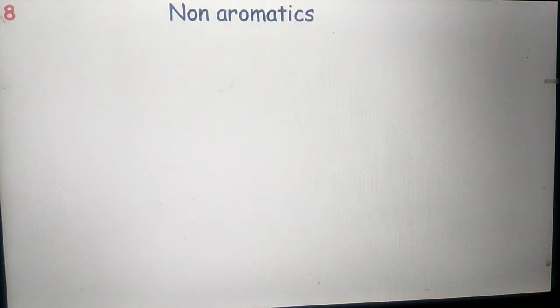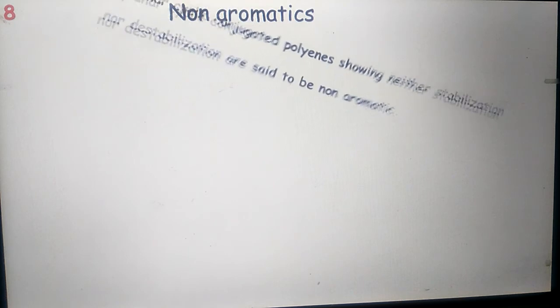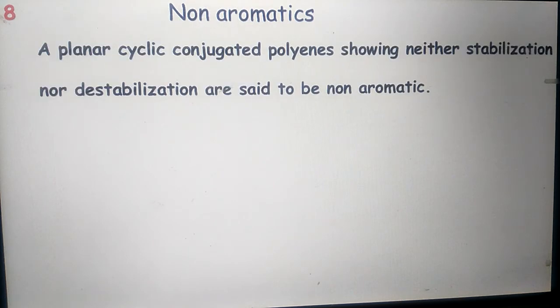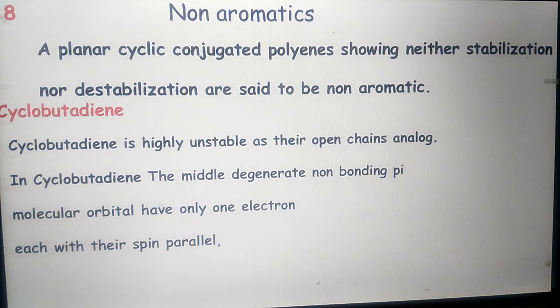8th fact is non-aromatic. What is non-aromatic? A planar cyclic conjugated polyene showing neither stabilization nor destabilization are said to be non-aromatic. For example, cyclobutadiene.